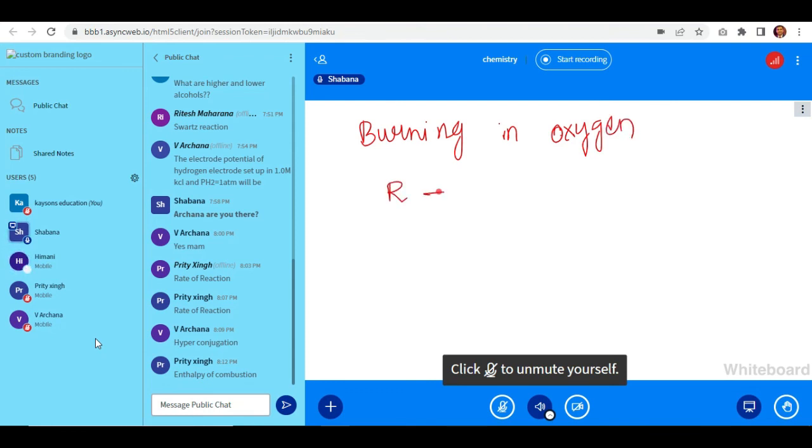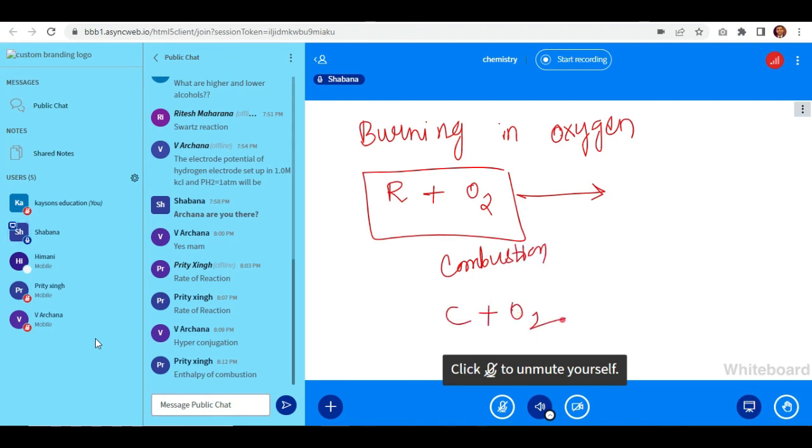Suppose I'm taking something R. If you are burning it in presence of air, that is oxygen, this particular reaction is called combustion. Like carbon plus oxygen, you are heating in presence of oxygen. It is called combustion reaction.